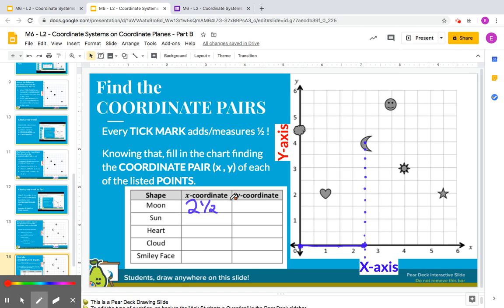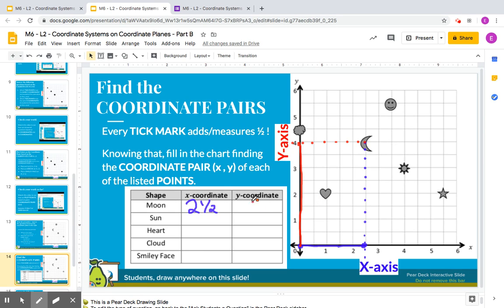Now let's take a look at its y-coordinate. I'm going to draw a line over to my y-axis. I'm then going to start at my origin and figure out where my moon hit. I went 1/2, 1, 1.5, 2, 2.5, 3, 3.5, 4.